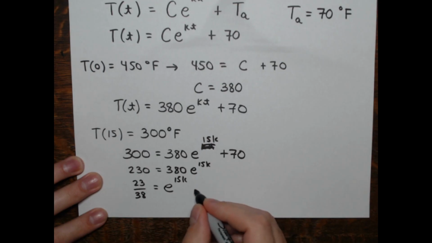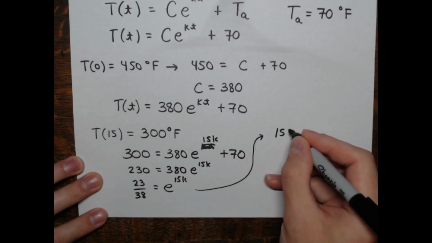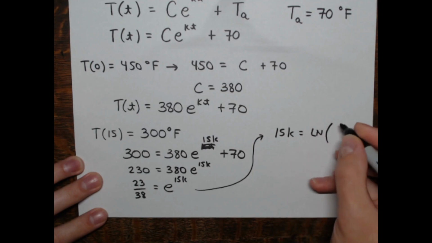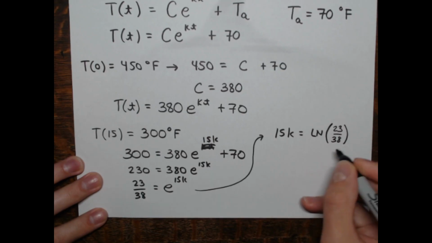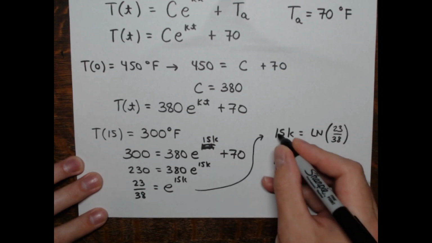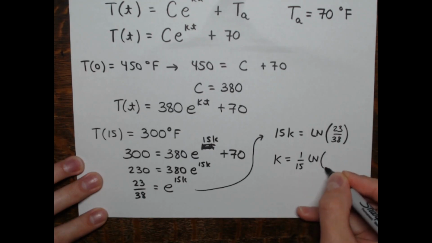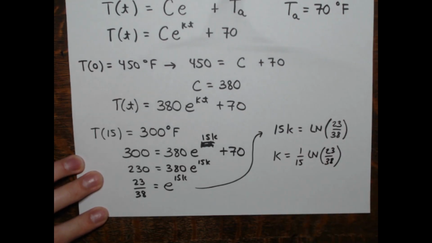Then take the natural log of both sides. So we'd have 15k equals the natural log of 23/38. And so k is 1/15 times the natural log of 23/38, which you can punch into a calculator to get a value for k.